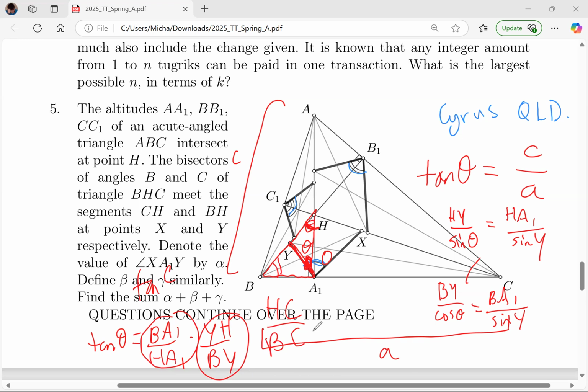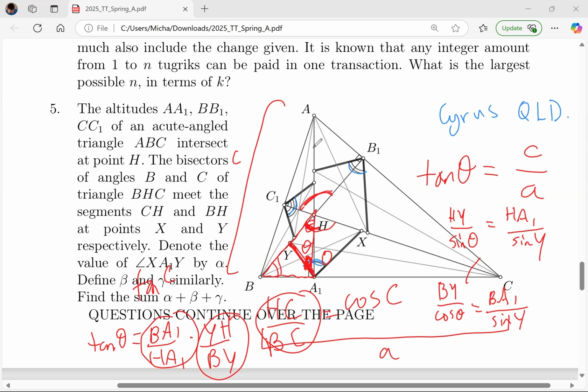And HC on BC, if we use the sine rule again, so HC on sine of this angle, so that's just cos C. So this thing is equal to cos C, and then BC on sine of this angle. So this angle, if you notice, is equal to this angle.